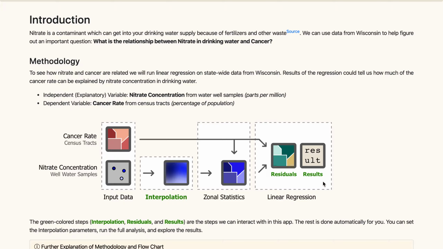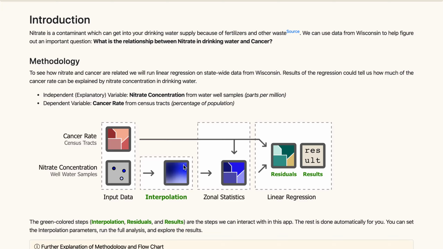The key here is the regression. So in order to do the regression, we need to get the data in the same format, which is what this interpolation and zonal statistics is for. So the interpolation estimates the nitrate concentration for a whole area, basically using those water well samples and estimating between them what those values might be.